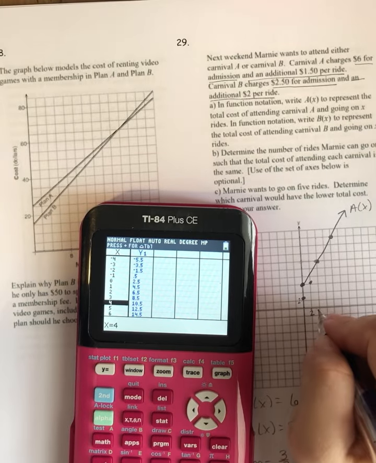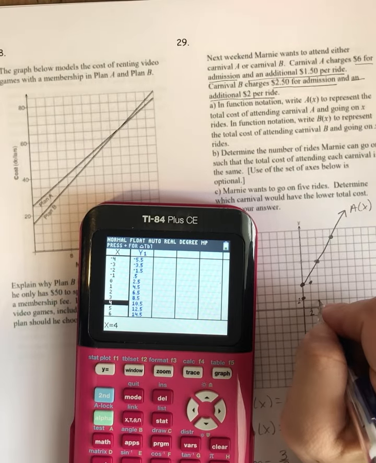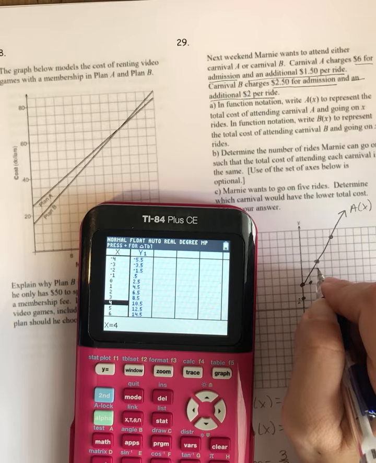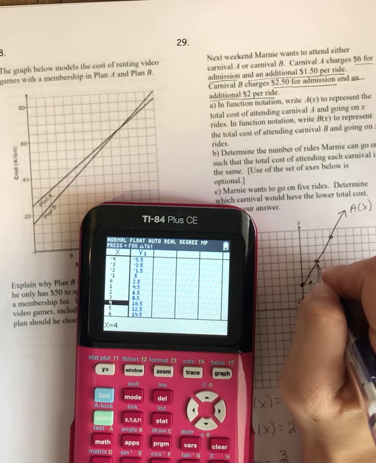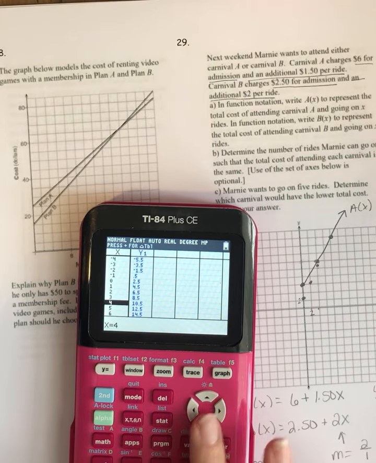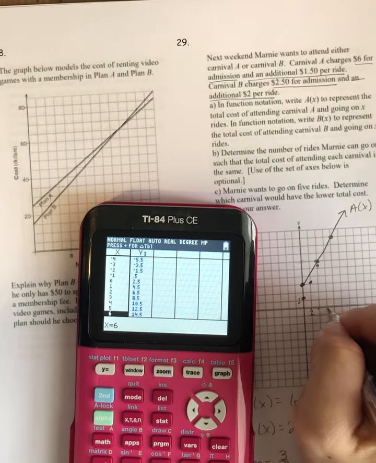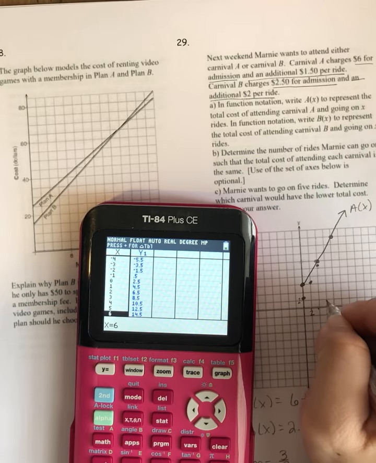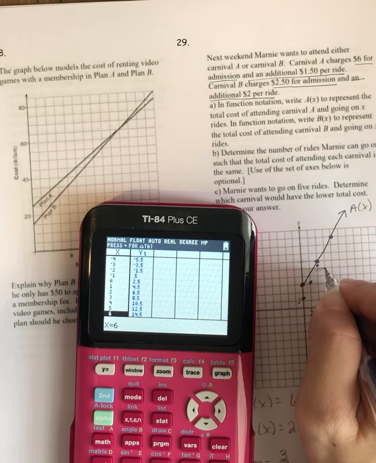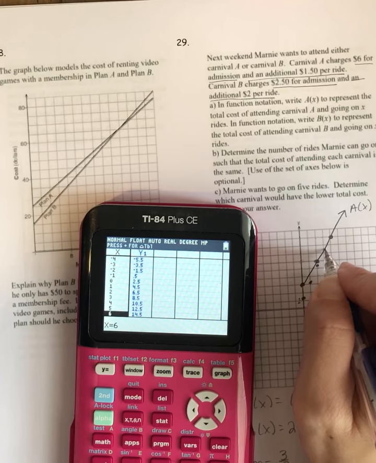At 4, we're at 10.5, so 2, 4, 6, 8, 10.5. At 6, we're at 14.5, so 2, 4, 6, 8, 10, 12, 14.5.